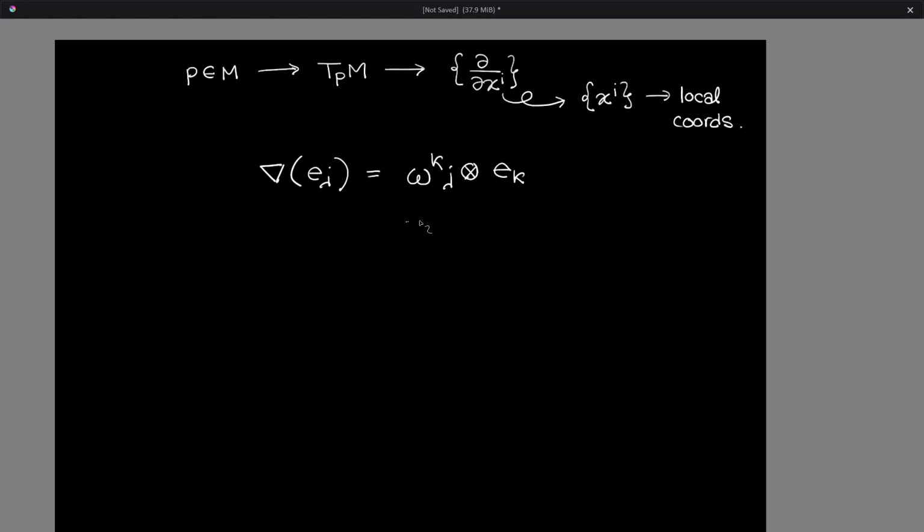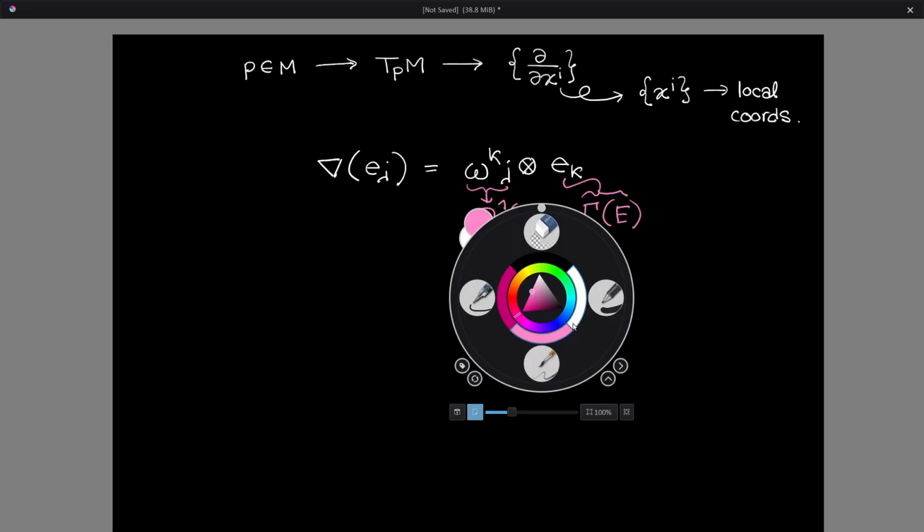And this is an object of the type Ω^1(M) ⊗ Γ(E), where this is the Γ(E) portion and this is the Ω^1(M) portion.